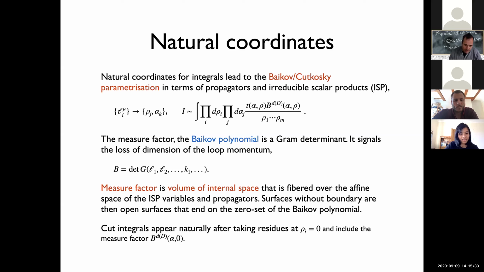Going to the on-shell properties at the integral level, one can also do this by just taking residues in the variables, and this sets the rho dependence in the insertion and the Bykov polynomial simply to 0, and we get a simplified integral here.